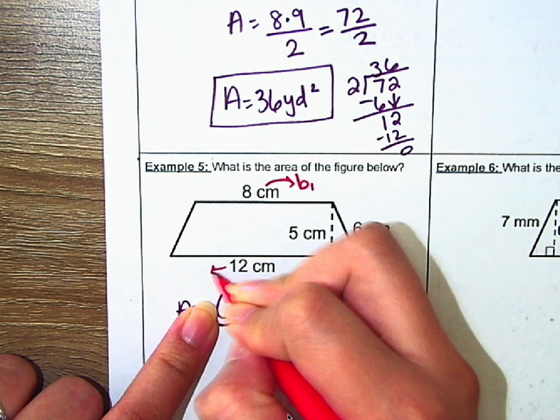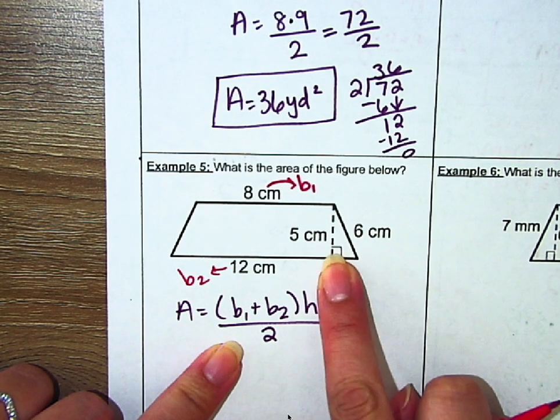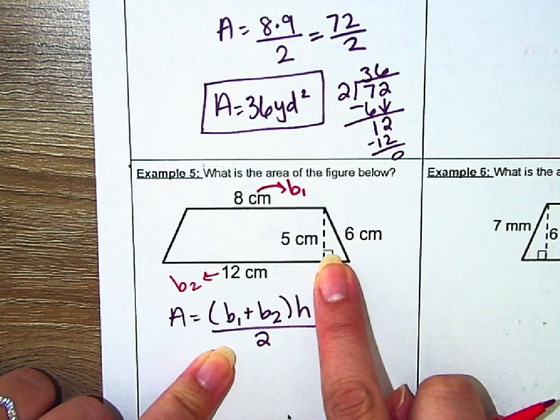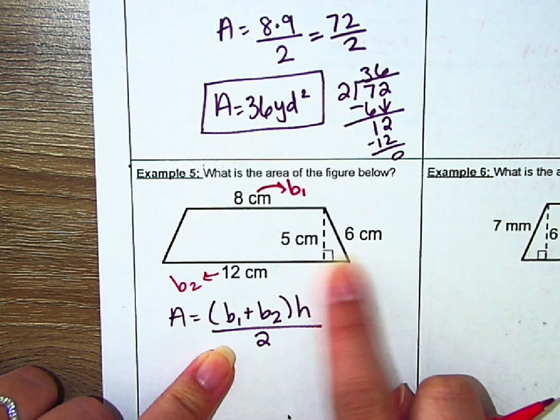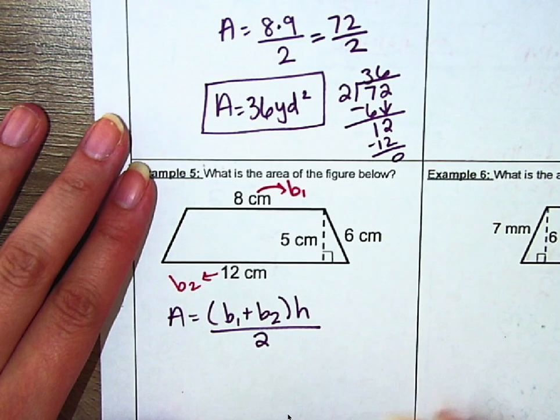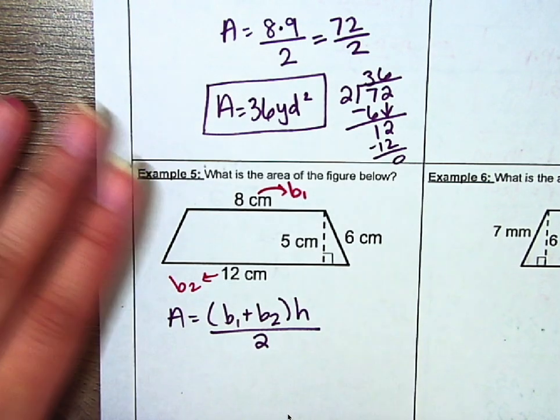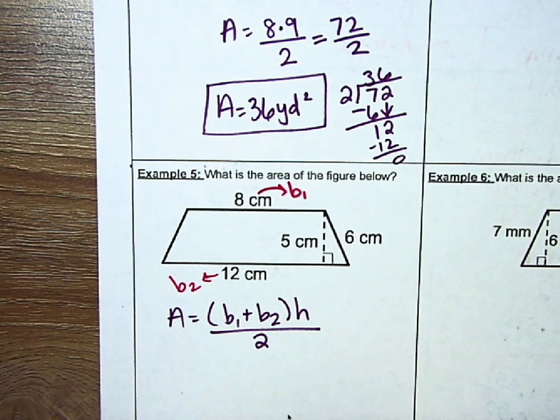Base 2 is going to be right here. This is base 2. Now my height, they're trying to trick you. They put 2 numbers here and they want you to get it wrong. Remember what I told you, to find the height, it has to be straight up and down. Okay? Again, think of like you're going to the doctor. When they measure you, you have to be standing straight.